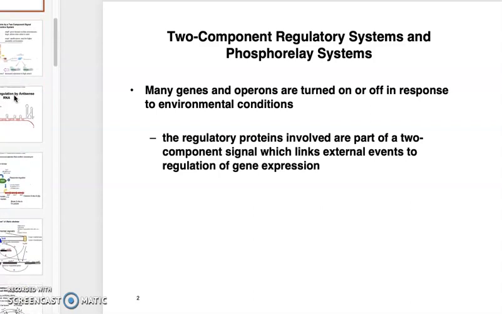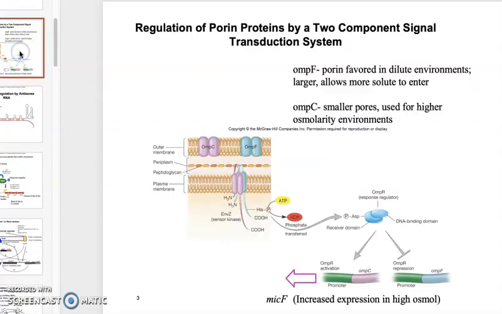The prototypical two-component system is outlined here, and this is a mechanism that was worked out in E. coli: the regulation of porin proteins using a two-component system. The main porin proteins in E. coli are OMP-C, a smaller pore porin that the microbe would favor in a more concentrated environment.